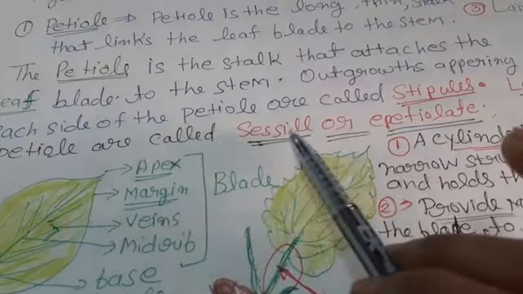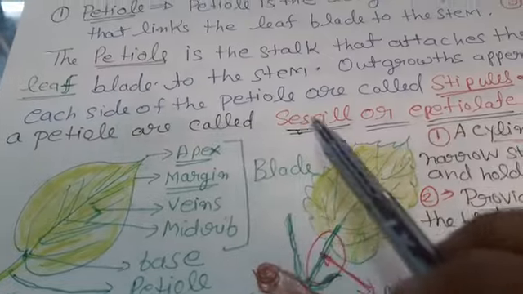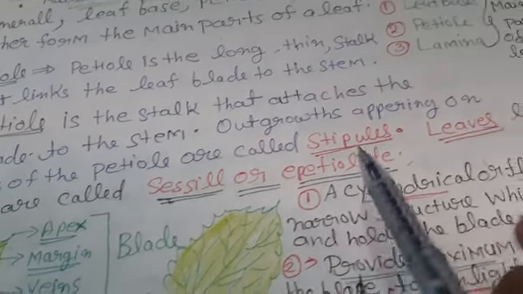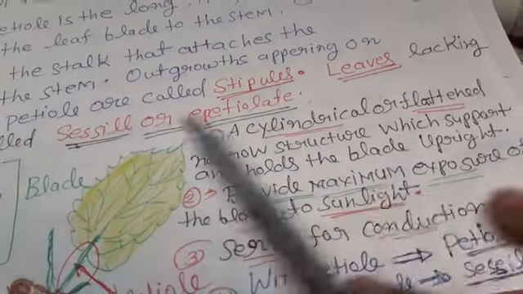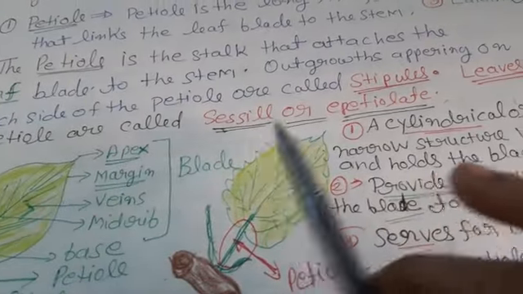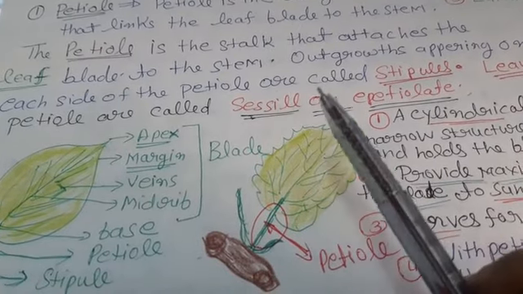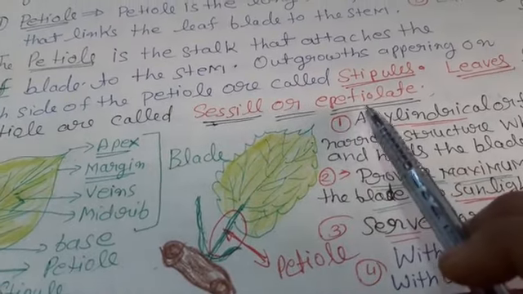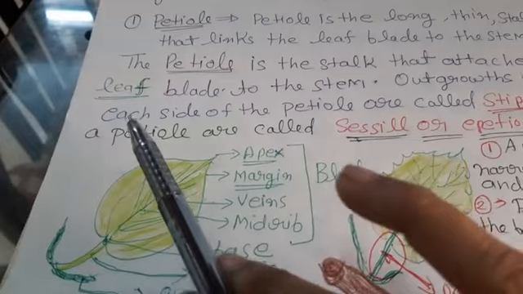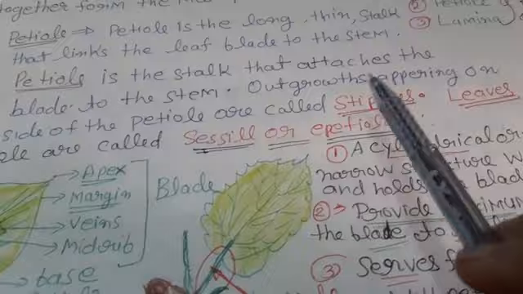Leaves lacking a petiole are called sessile or epetiolate. A leaf in which the petiole is absent is called sessile or epetiolate.